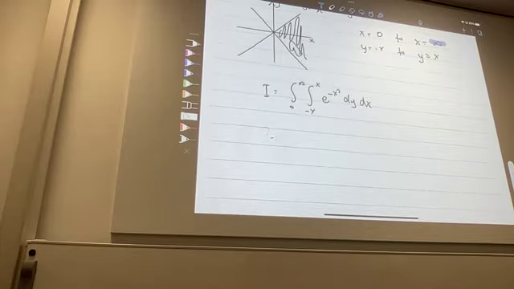And with joy and delight, we look at the e to the minus x squared, which we wouldn't be able to integrate with respect to x, but we totally can with respect to y. So now I've got e to the minus x squared, and y from minus x to x.